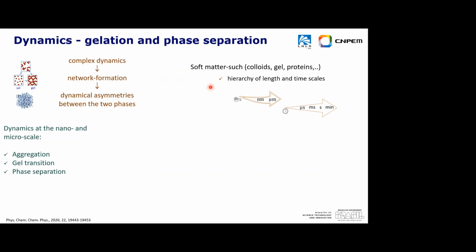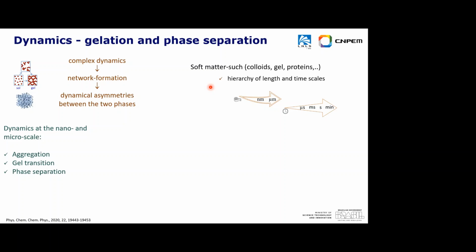Another very important characteristic of XPCS is that we can cover a hierarchy of length and time scales. So we can cover a length scale from a few nanometers to tens of micrometers, and also a very broad time scale. Nowadays at CATT, we can cover from milliseconds to minutes, hours, depending on the material. And this is very important, for example, in this case of gelation.